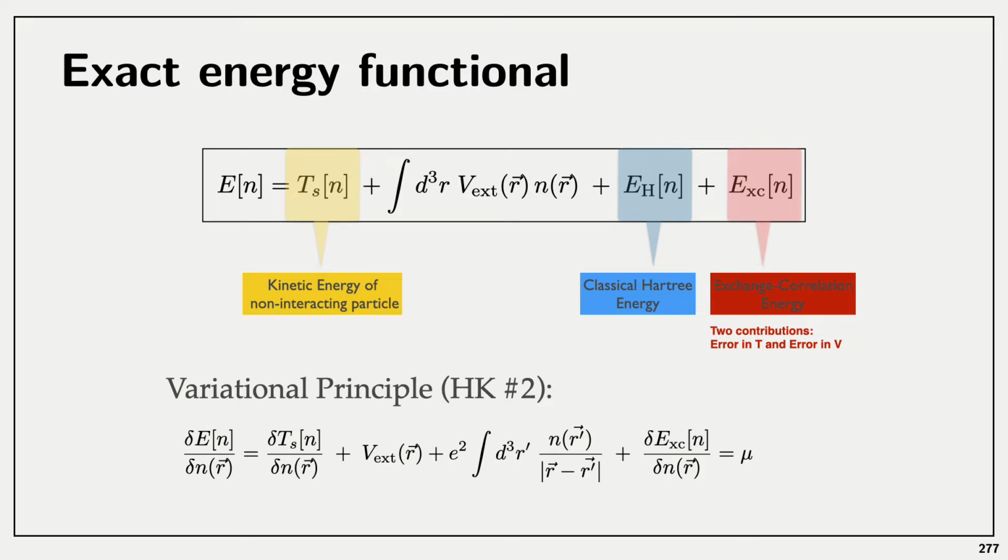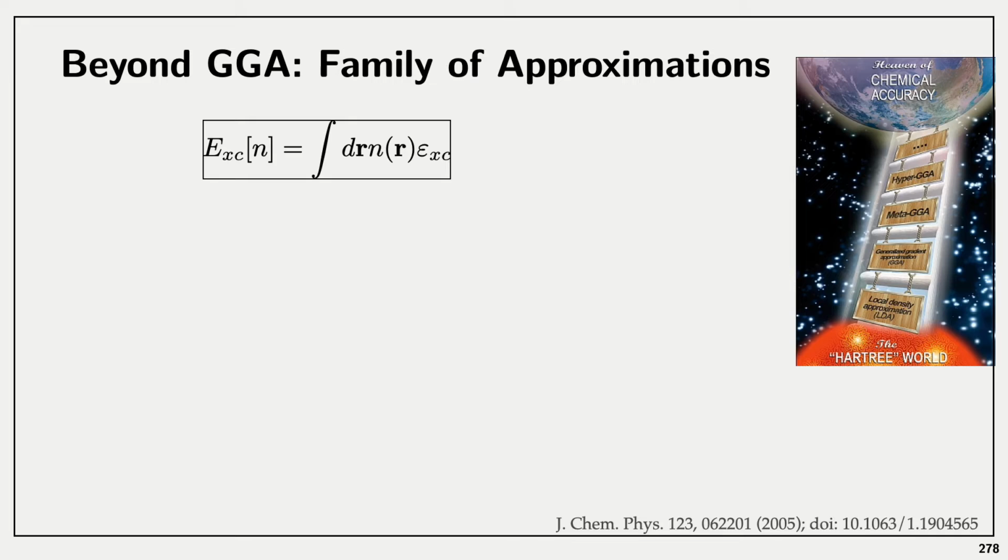The idea here is that at least we have the biggest chunk of the kinetic energy taken care of, and all the rest, all the correlation and quantum mechanical effects, are part of the exchange correlation. So in general, we can write this exchange correlation functional for the energy using this equation here.